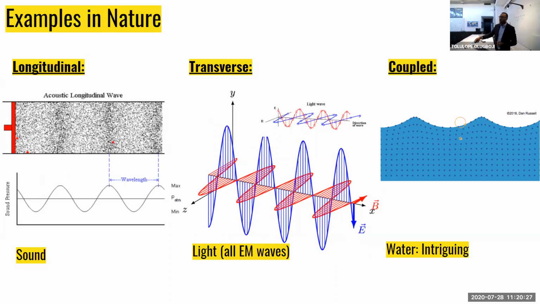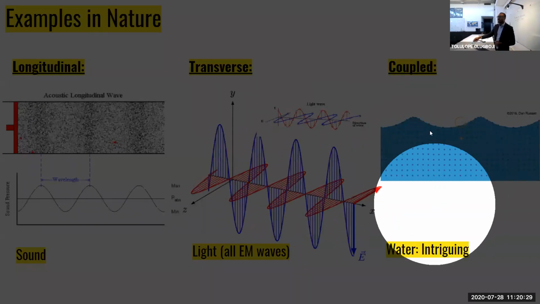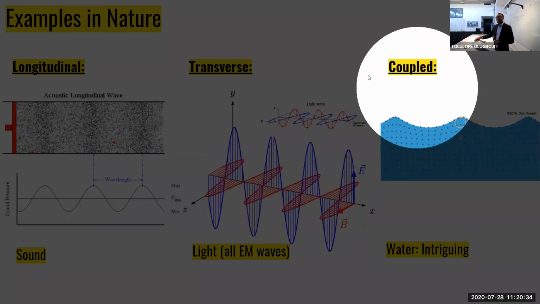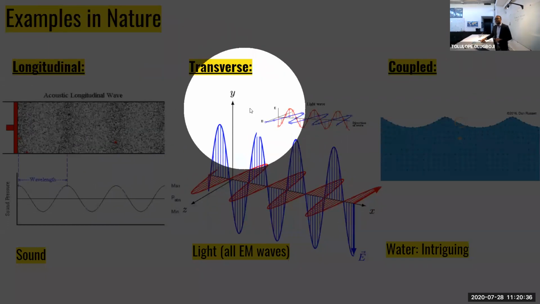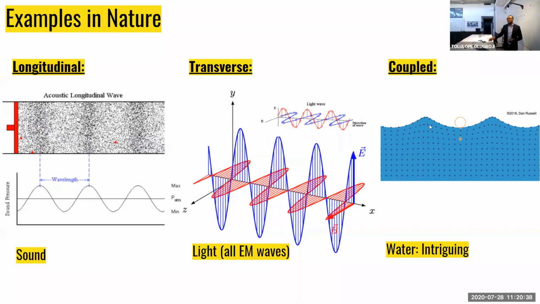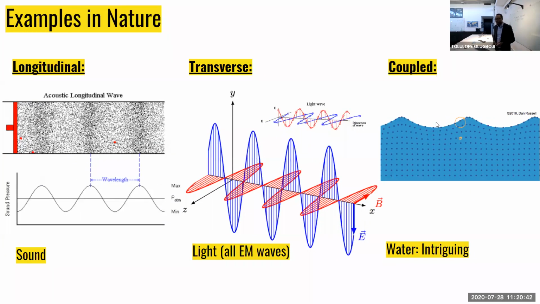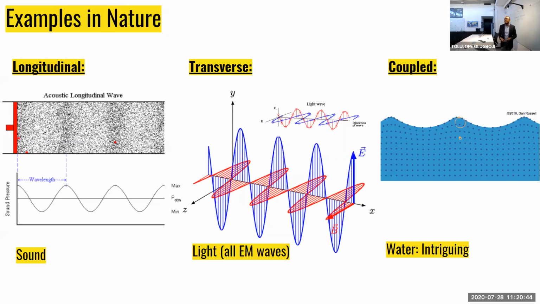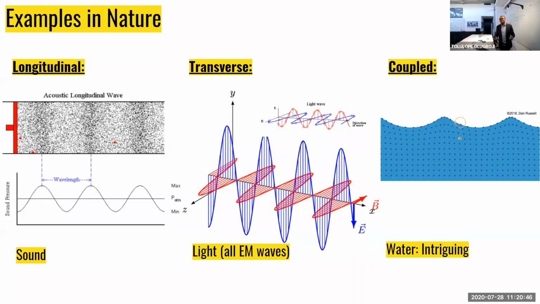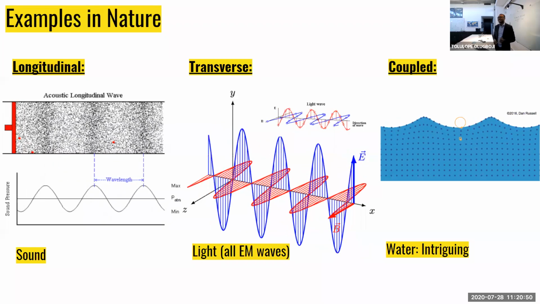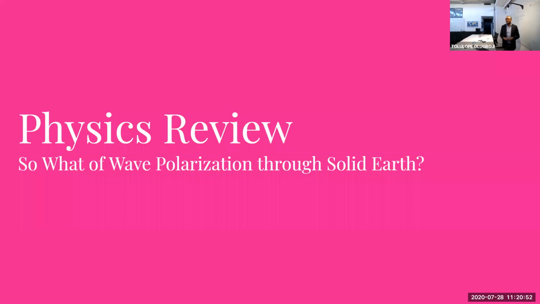So light is a class of transverse waves. And water waves, especially in the ocean, are an interesting, intriguing class, which is essentially coupled longitudinal and transverse waves, as you can see in the illustration. So in nature, we've got waves of different classes polarized in different ways: longitudinal, transverse, and coupled; sound, light, and water.